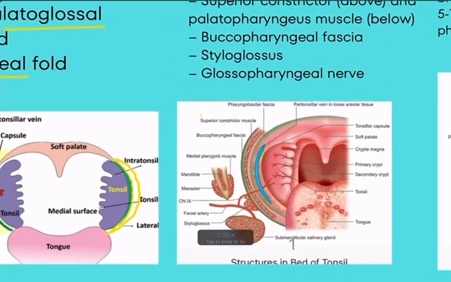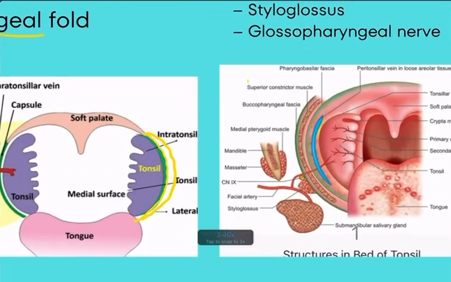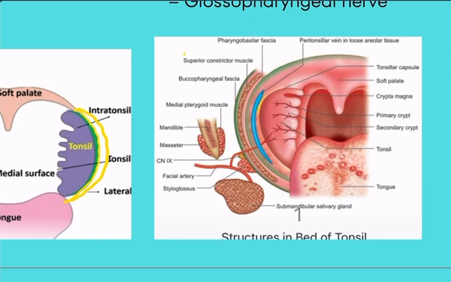So the tonsillar bed, as it appears here, this is the tonsil, and this is the medial surface of the tonsil. This is the lateral surface of the tonsil. As I said, the lateral surface of the tonsil is called the tonsillar capsule, and this capsule is formed by the condensation of the fascia called the pharyngobasilar fascia.